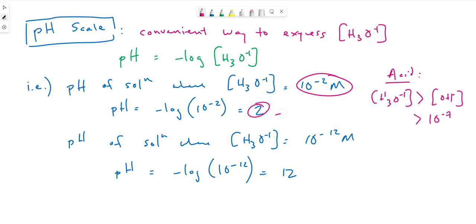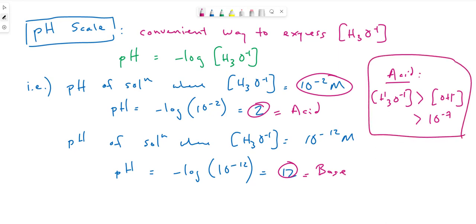So we would consider this to be an acid, and by the same definition we would consider this to be a base. And this definition of anytime hydronium ion concentration exceeds 10 to the minus 7, we could also just say anytime the pH is less than 7, that's acidic. If pH is greater than 7, it's basic. And so these rules are the same. Essentially, you're just negative logging the rule, and you're getting the pH scale.